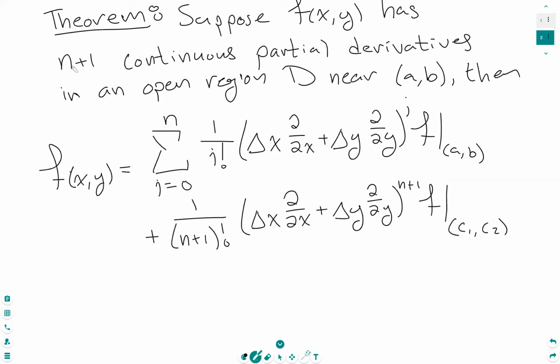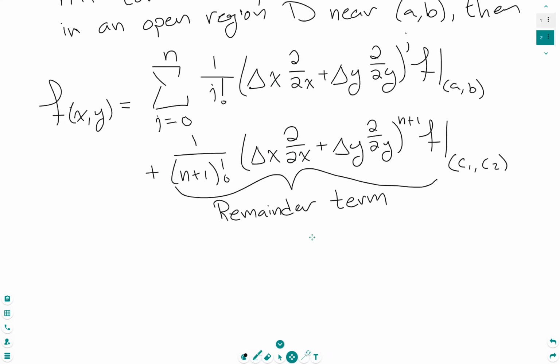If we have n plus 1 continuous partial derivatives, we have to stop. We can't keep applying this over and over again. So that means that this thing down here ends up being the remainder term. And that should kind of ring some bells back from Calc 2.